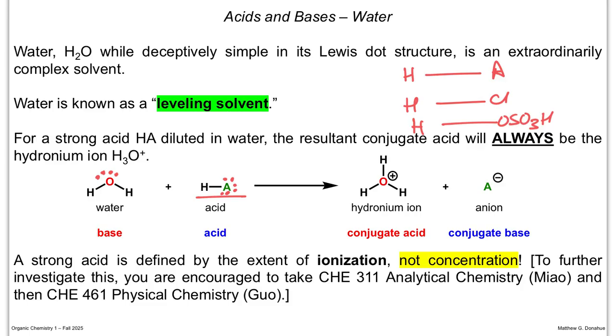Hydrochloric acid is like 37% HCl and the rest is water. Those numbers, 98 and 37, don't correspond to strength. That's the concentration. Acid strength is the extent of ionization. So for our strong acids, when they're in water, how much of these are being formed? And that's not related to concentration.